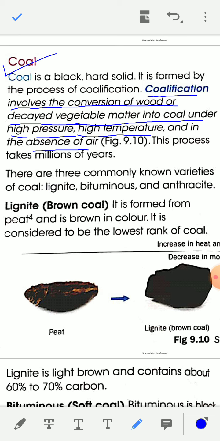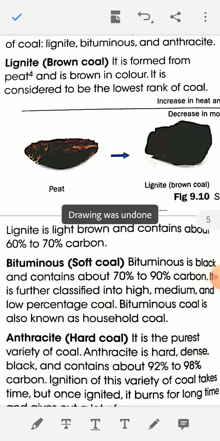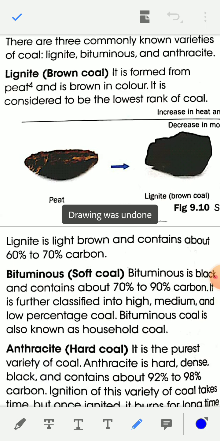Now the types of coal: one is lignite, another is bituminous, and anthracite. These are the three basic types of coal, and this classification is based on the percentage of carbon present in coal.